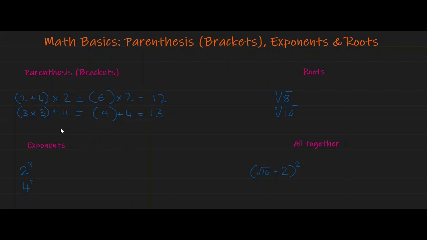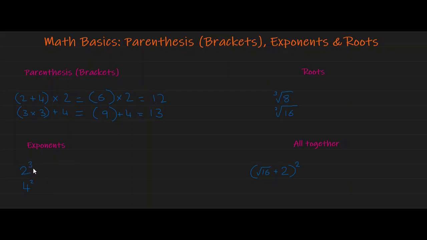Now let's look at exponents. Exponents can be looked at as repeated multiplication. So what that means is, if you look at the first example, the exponent in the first example is 3.